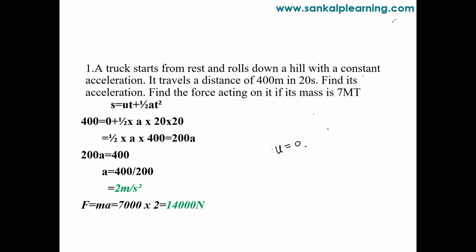So simplify this one. It is 1 by 2 into a into 400, that is equal to 200 into a. Now acceleration a is equal to 2 meter per second square.